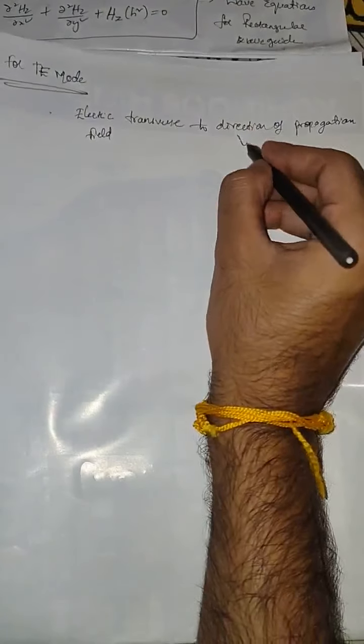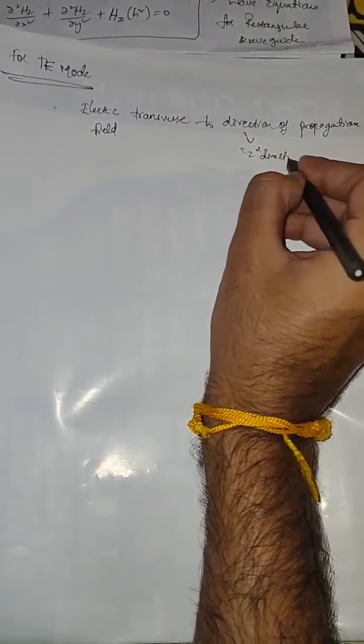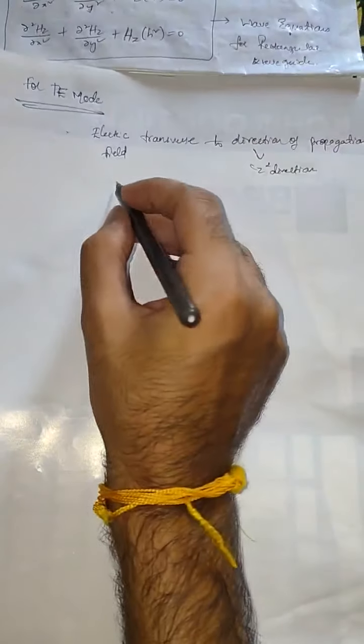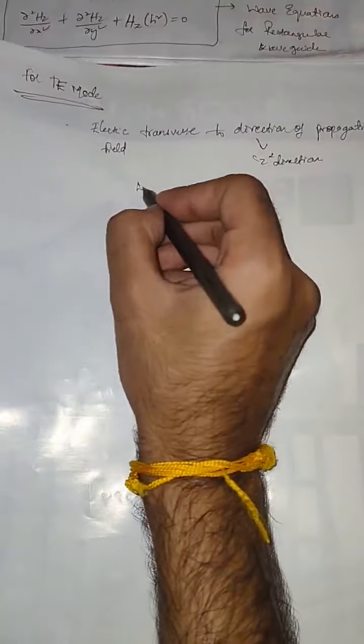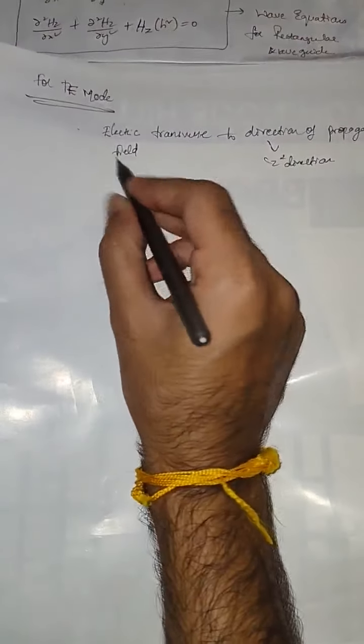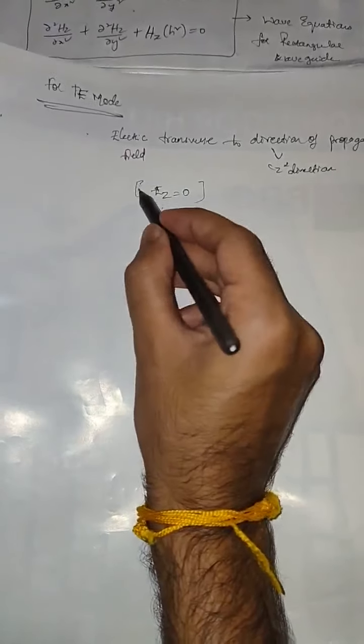You know that the direction of propagation is towards the z direction, so the Ez component is 0 in this particular TE mode. So in TE mode, the Ez component is 0.